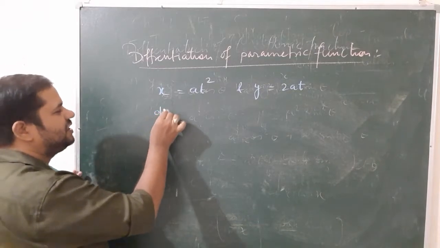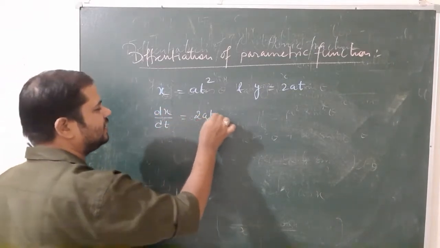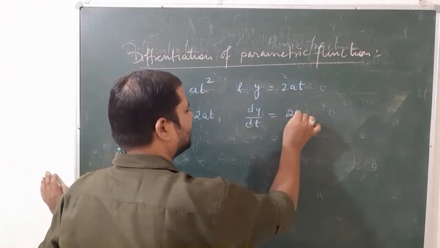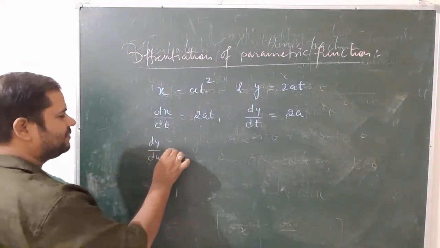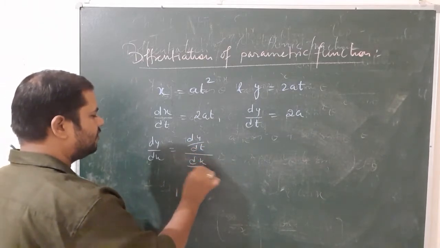So first dx upon dt, this is 2at, and dy by dt, this is 2a. Now dy by dx is nothing but dy by dt upon dx by dt.